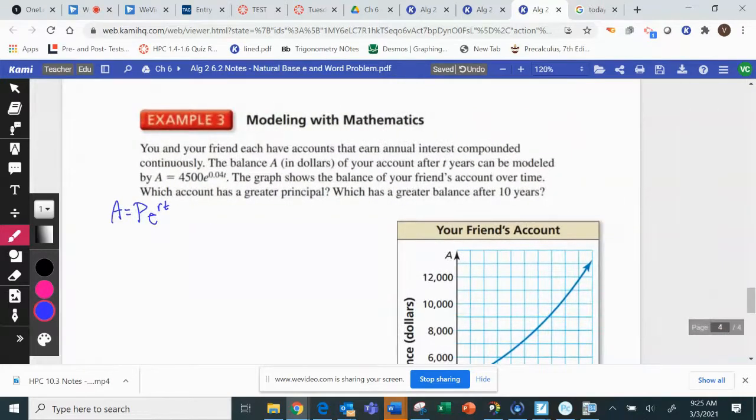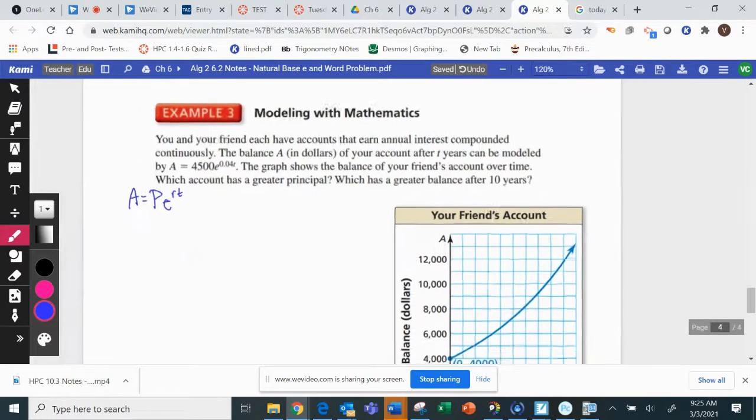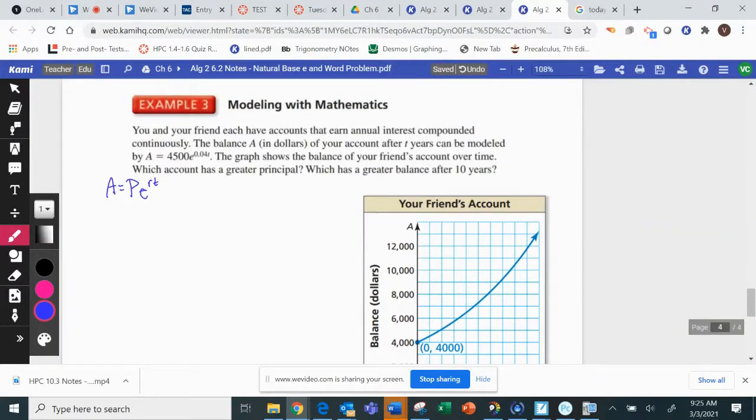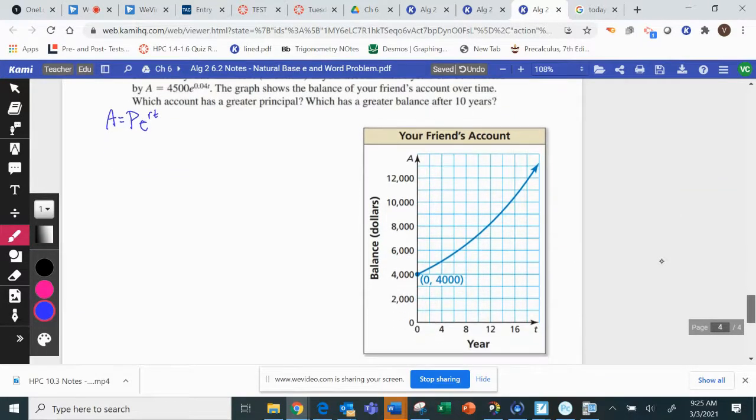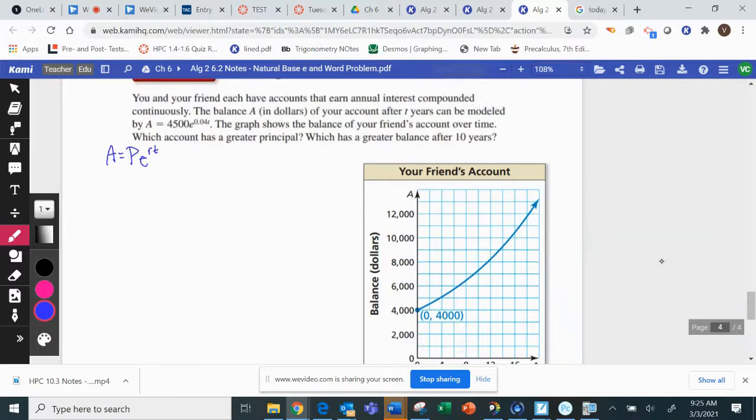So in this example, we have a graph of your friend's account. I don't know how you got a graph of your friend's account, but here's a graph of it. And then you have your money in a different account, and your money is modeled by an equation. So they have a graph, you have an equation.